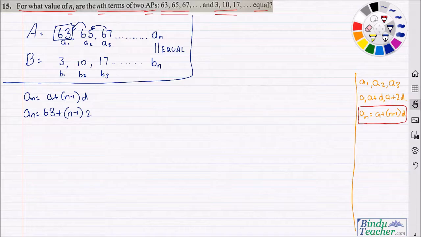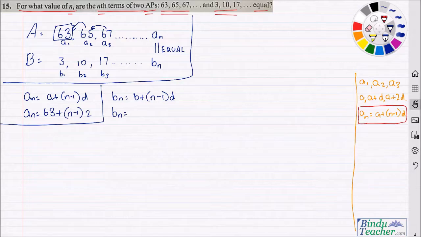Okay. So similarly, let's write the formula for the second arithmetic progression also. B of n equals B plus n minus 1 into D. We do not know the value of B of n, so we'll write it as this.